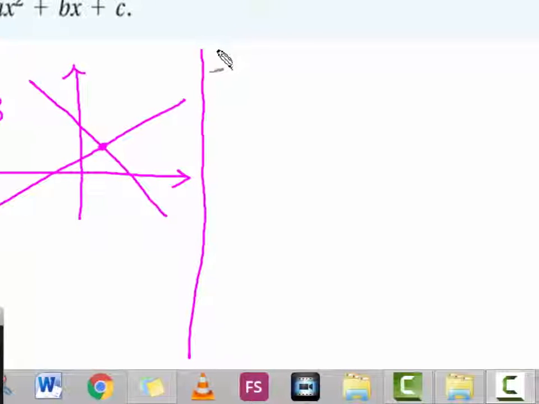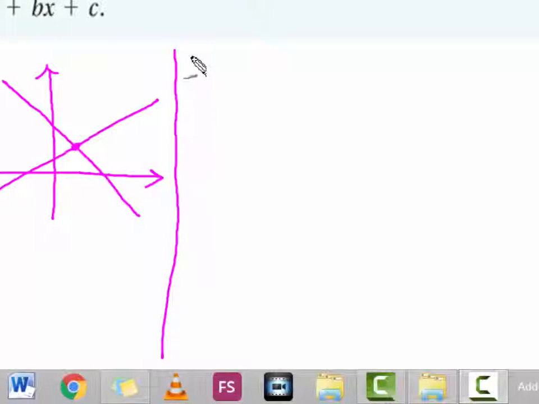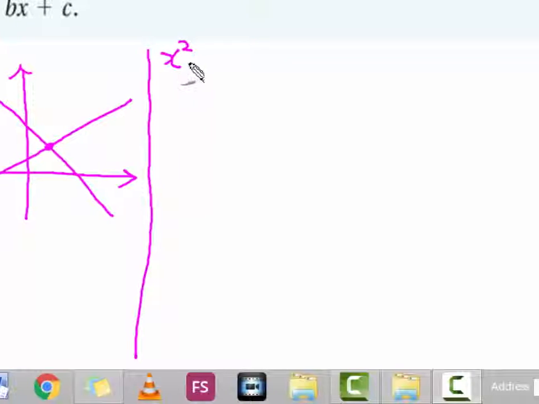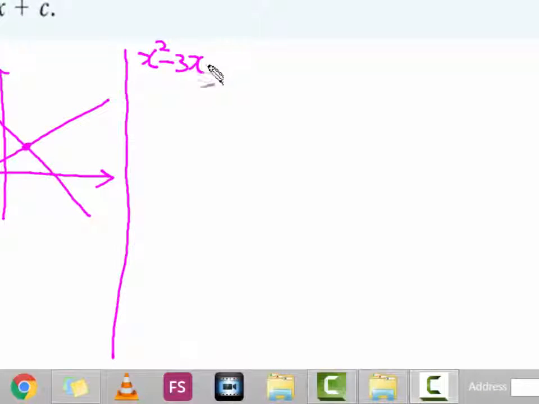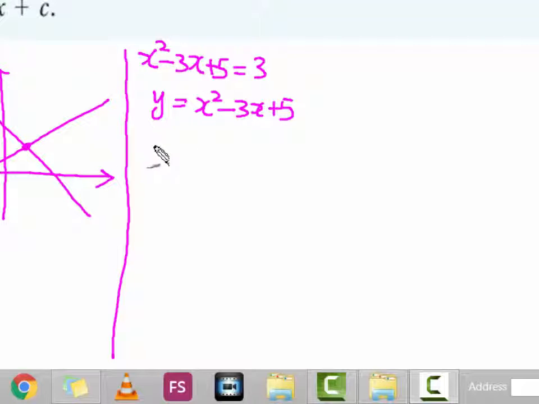For example, if we have a quadratic equation, x squared minus 3x plus 5 equals 3, we can solve it graphically by converting this quadratic equation into a system by setting both sides equal to y. So we have y equal to x squared minus 3x plus 5 and y equal to 3.